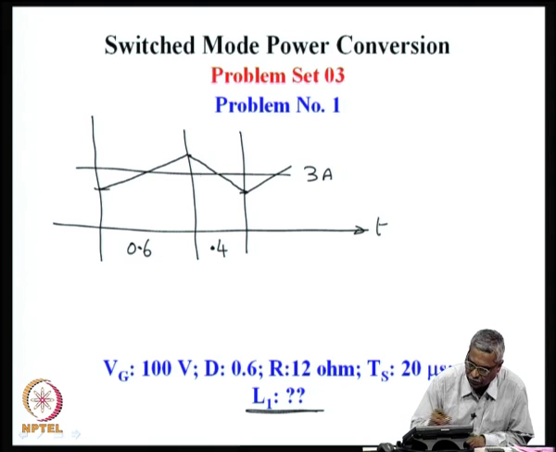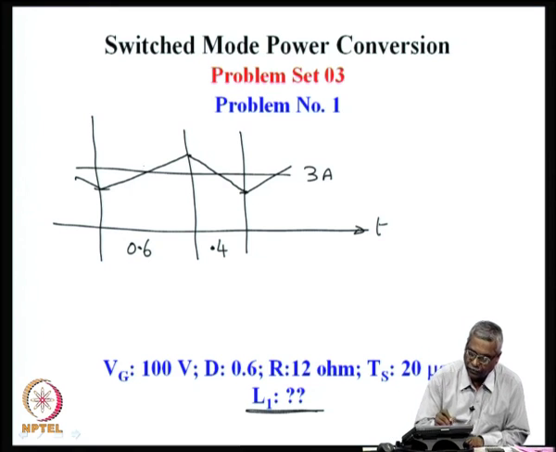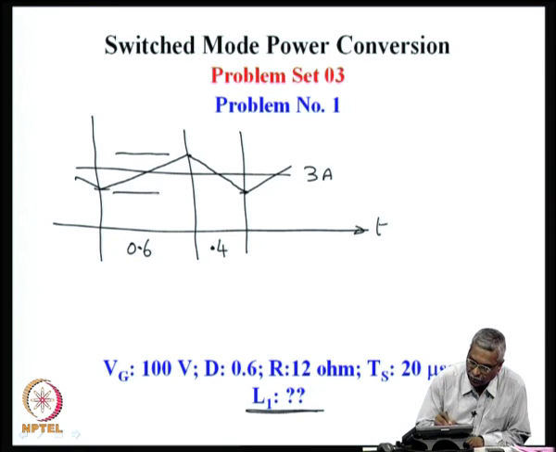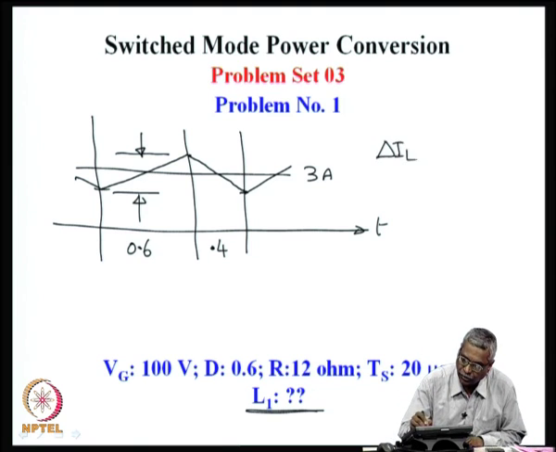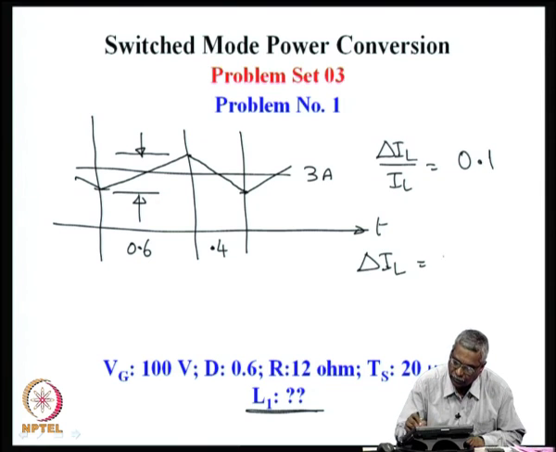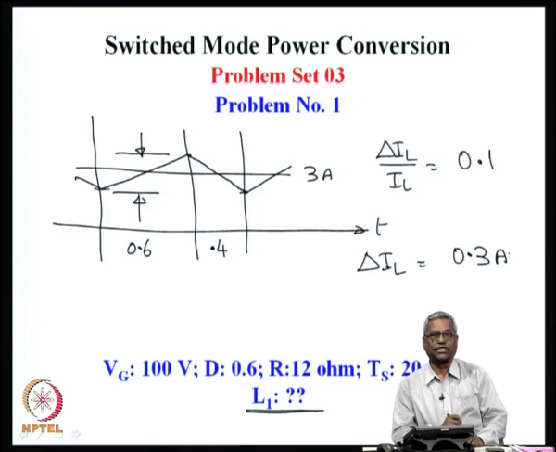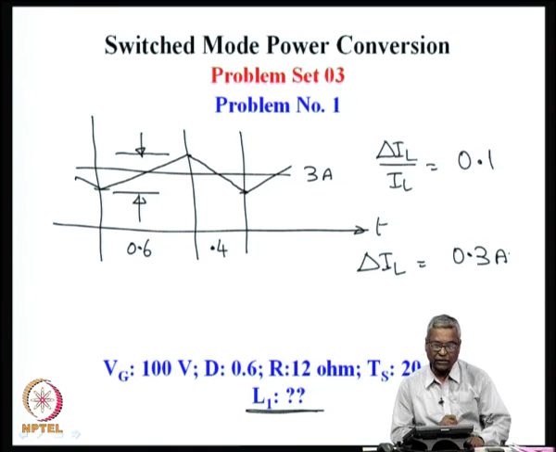So, this is our steady state inductor current, and inductor has a ripple current of certain value. So, if we assume this delta IL by IL as 10%, 0.1, then we can say that delta IL is 0.3 amperes, because IL is 3 amperes, delta IL will be 0.3 amperes.